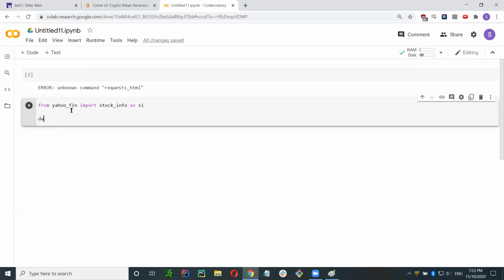So let's just get some data. So data equals si.get_data, AAPL, start 01 2015, and end 01 2020.